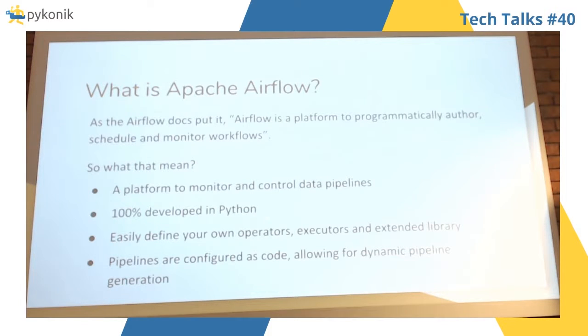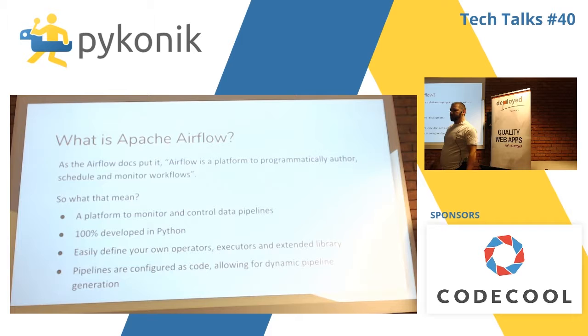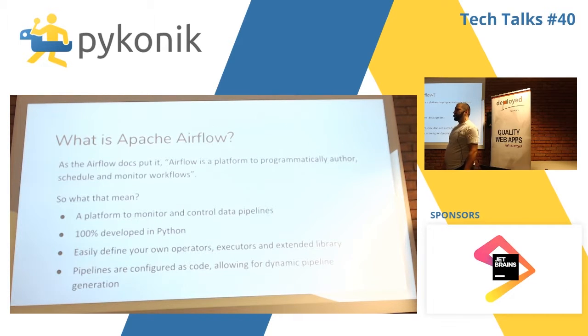What else? Apache Airflow allows you to work with data in Python. It's one difference that you can find compared to other tools. You can easily define your own operators, executors, and use any library you need, like Python or something like that. What is important is that pipelines are configured as code.